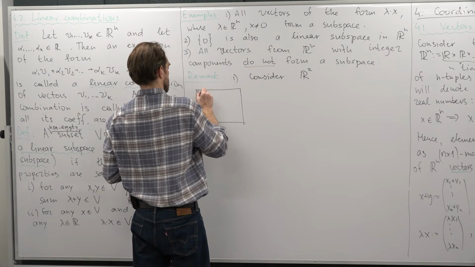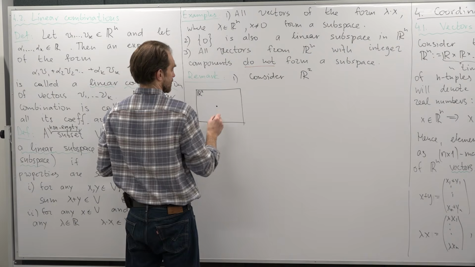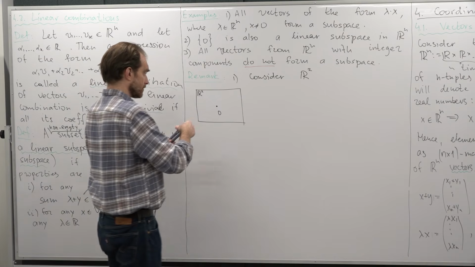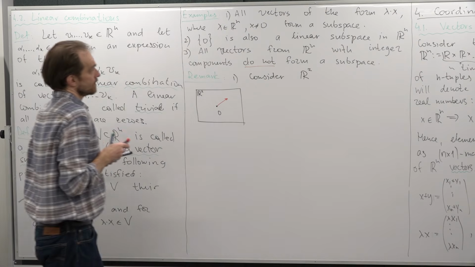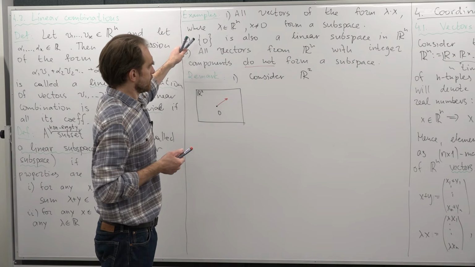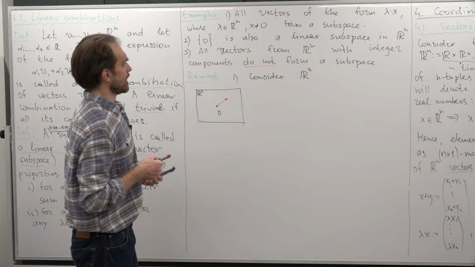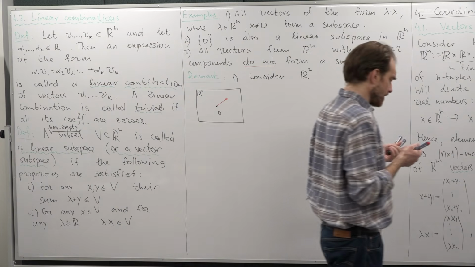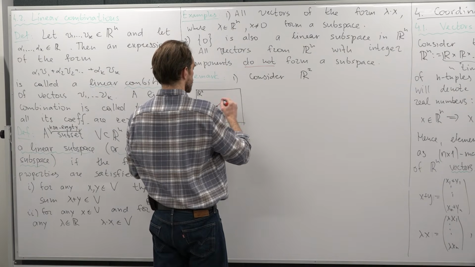So this is R2, and there is 0 somewhere, and I'm going to consider some vector. As we know, there is always a trivial subspace that consists only of 0, but now assume that our subset contains some non-trivial element, so let me denote it by V.